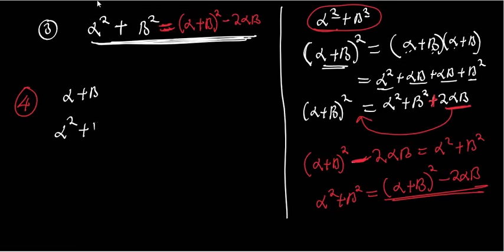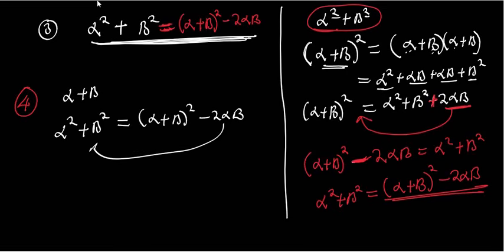Alpha plus beta squared equal to alpha squared plus beta squared. Like that, right? So what I'll do is that I'll bring this one to go this side because I'm finding this identity. So meaning that it will be alpha squared plus beta squared, then this side is plus 2 alpha beta equal to alpha plus beta squared.